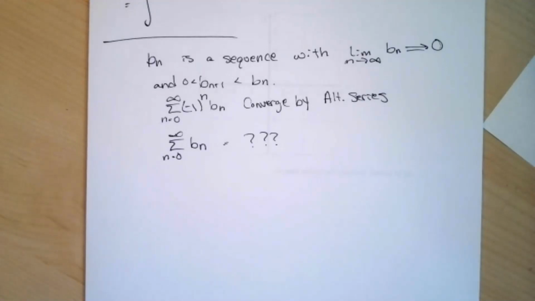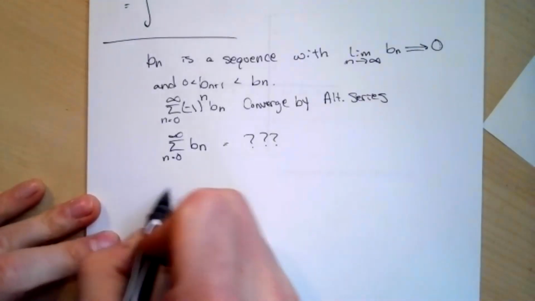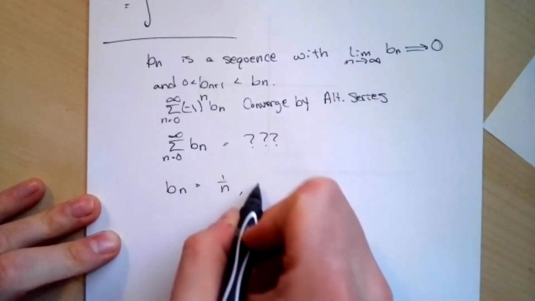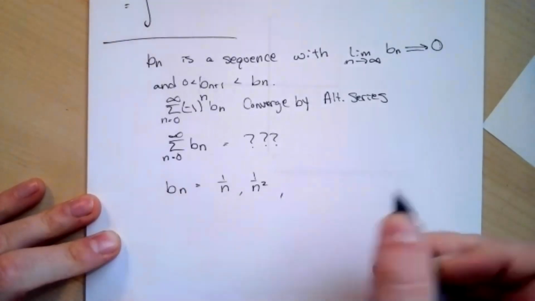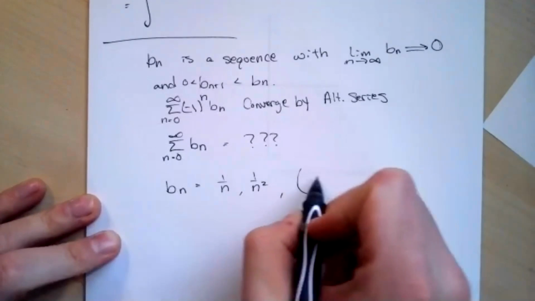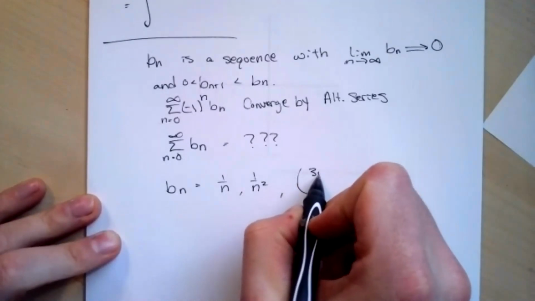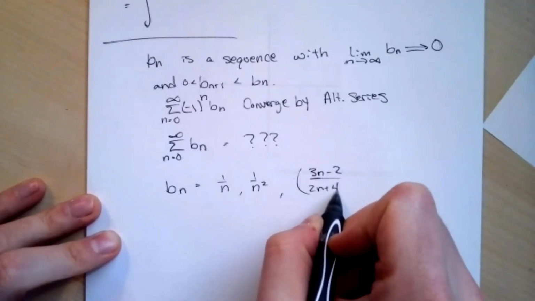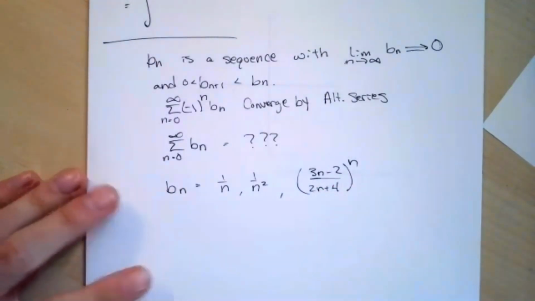If it looks geometric, we could use a ratio test. We would need to know more. So for example, you could check Bn 1 over n squared, and then even more exotic things like 3n minus 2 over 2n plus 4 to the n.